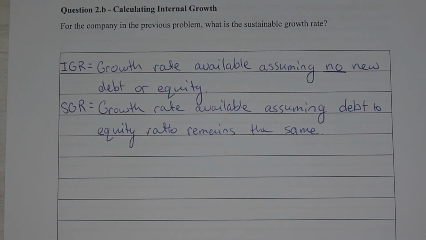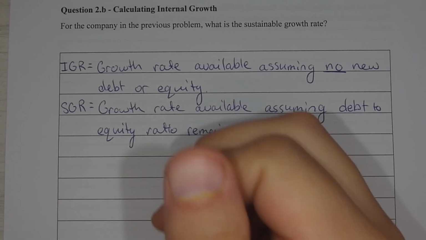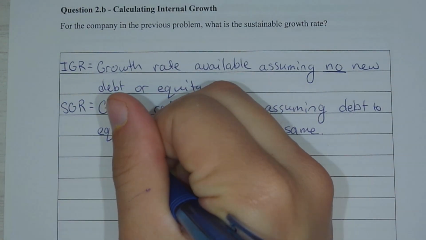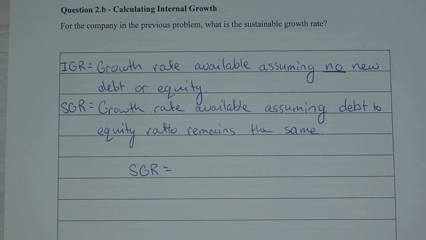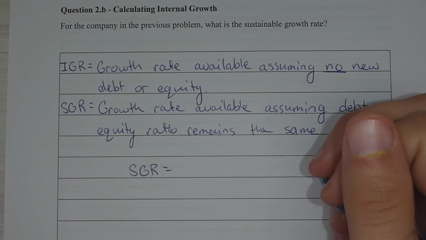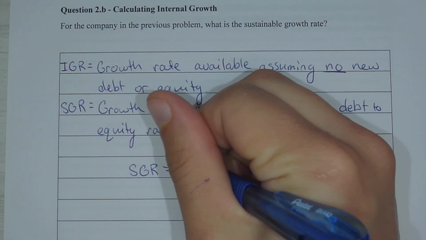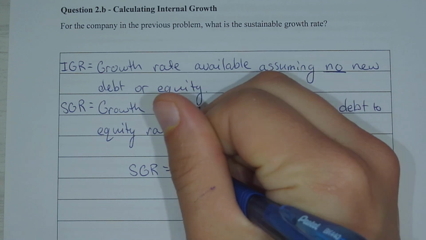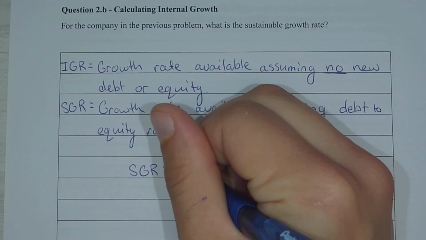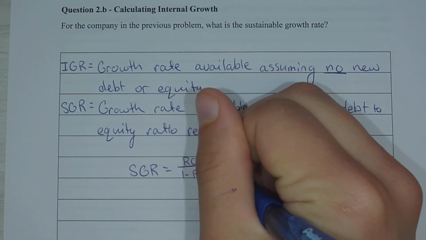So basically, a company can grow as long as it doesn't take on more debt than it has historically in comparison to its equity. Okay, so the sustainable growth rate is equal to ROE times R over 1 minus ROE times R.